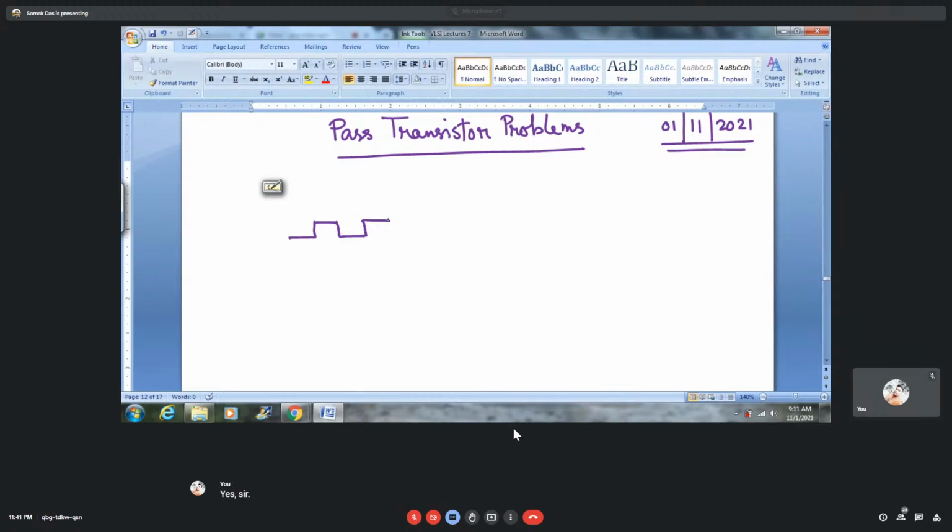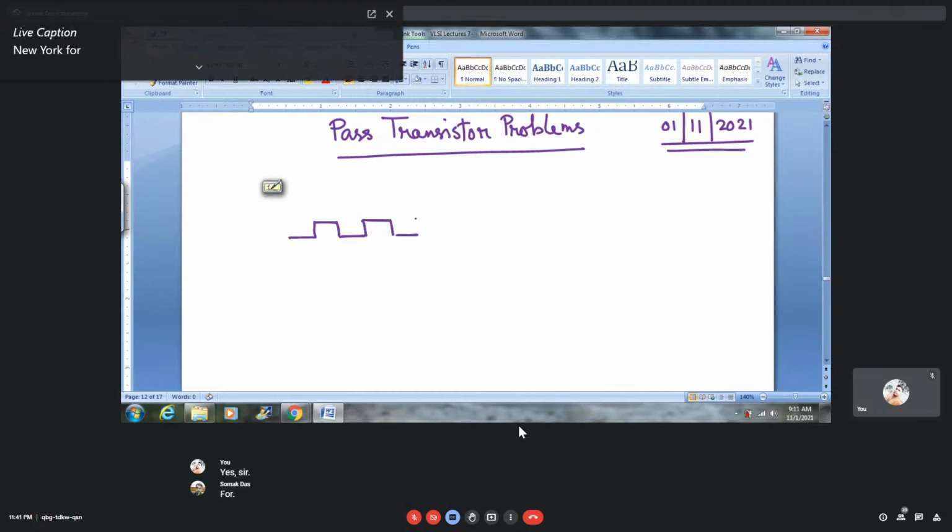There are 3 or 4 NMOS transistors cascaded with one another.